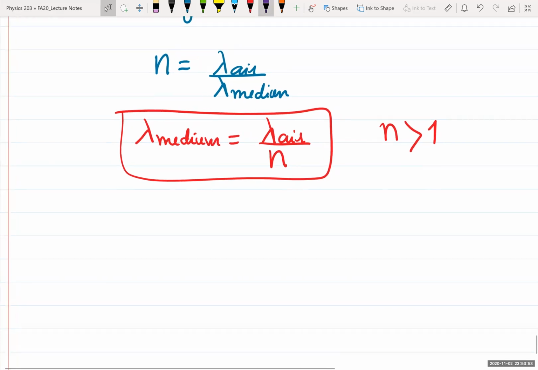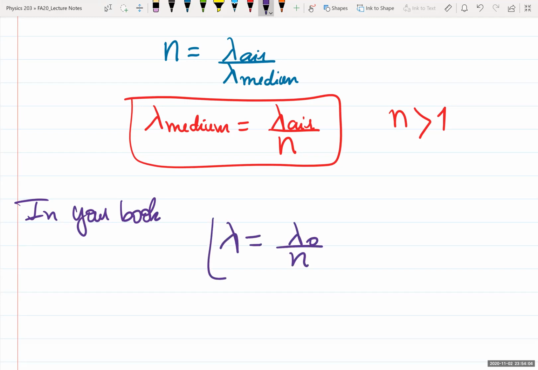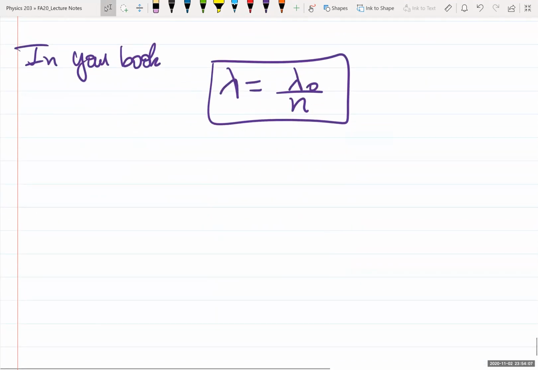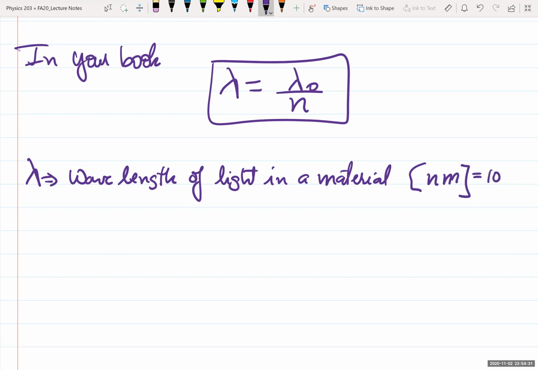So in your book, the equation is lambda equals lambda sub zero over n, where lambda is the wavelength of light in a material, most of the time measured in nanometers, which is 10 to the minus 9 meters.